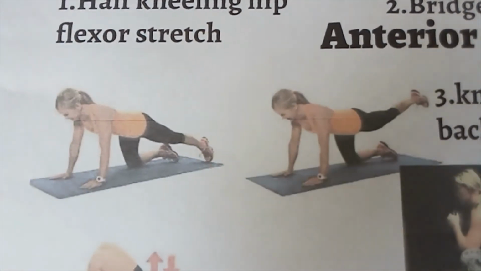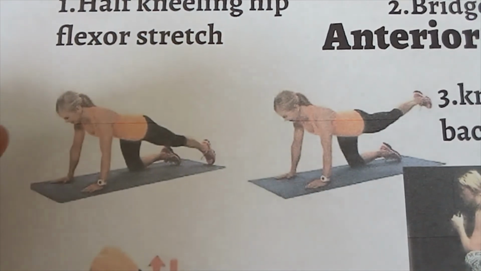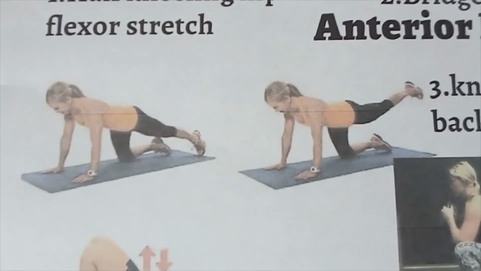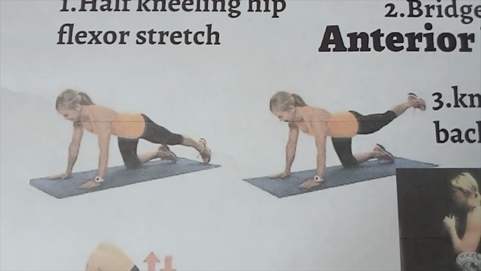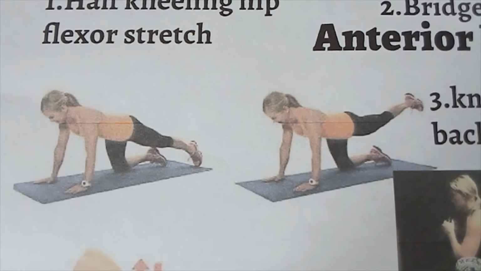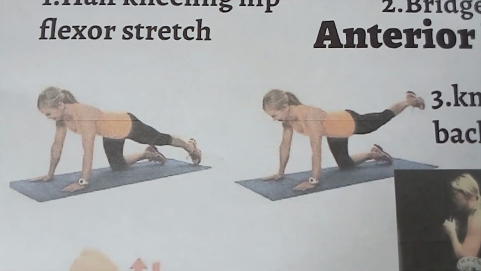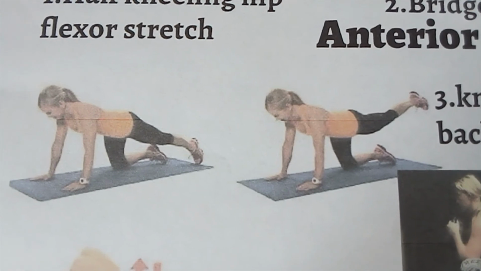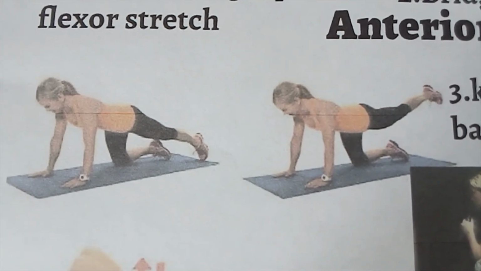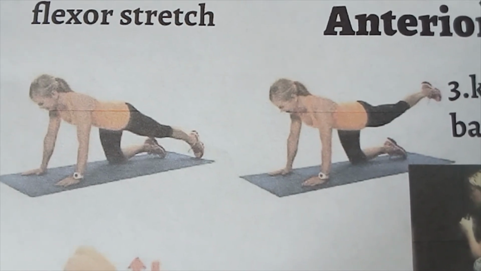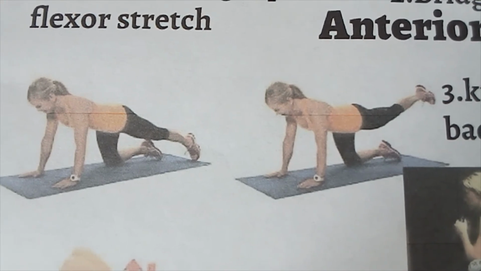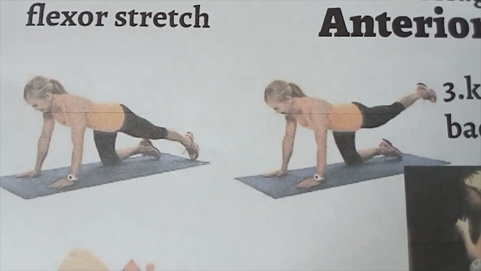Okay, so the next one is going to be a kneeling leg lift and back stretch, and this is going to help basically tighten the abdominal muscles and stretch out the back and the glutes. So you're going to kneel on your hands and knees, placing your hands on the floor, shoulder width apart, and align your hips with your knees.